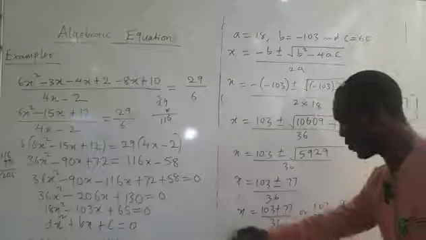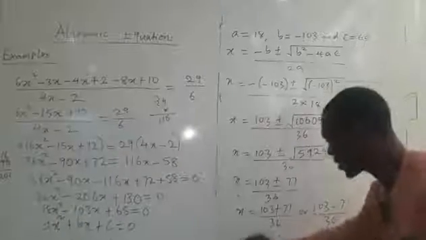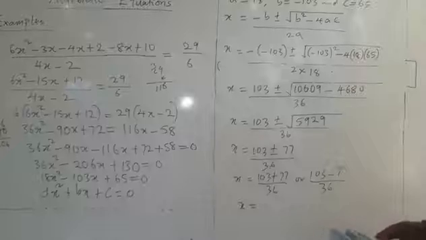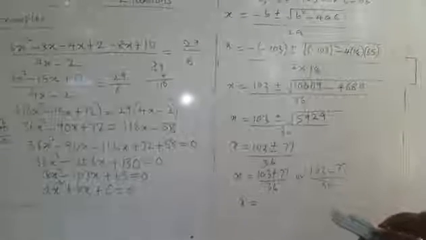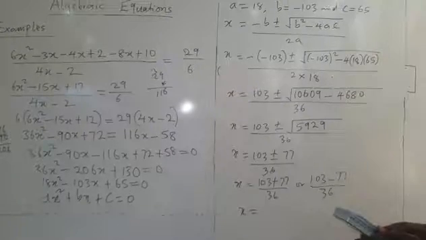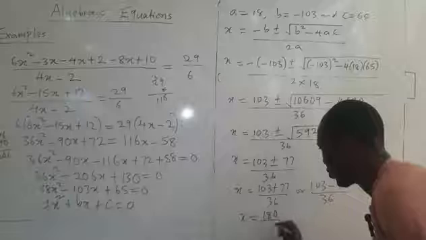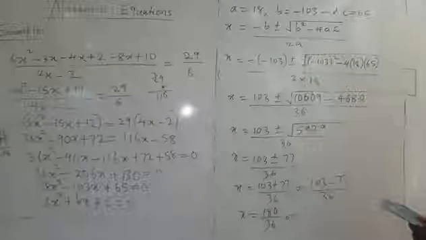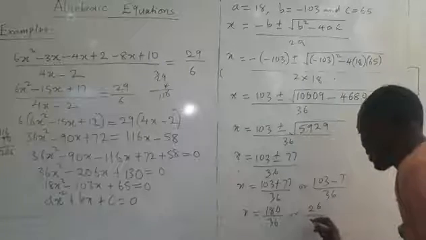Then we now have x to be equal to 103 plus 77, that is 180 all over 36, or 103 minus 77, we have 26 all over 36.